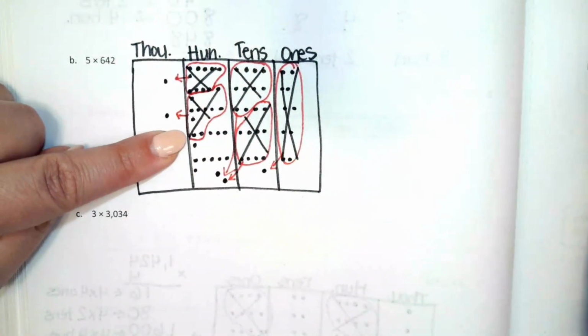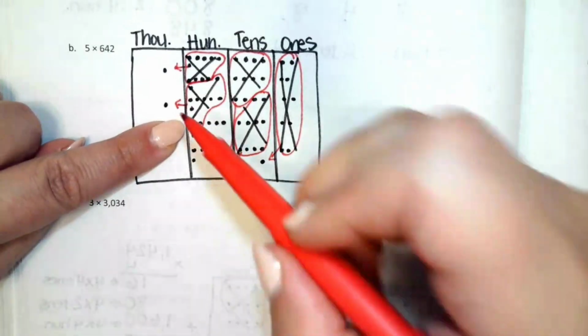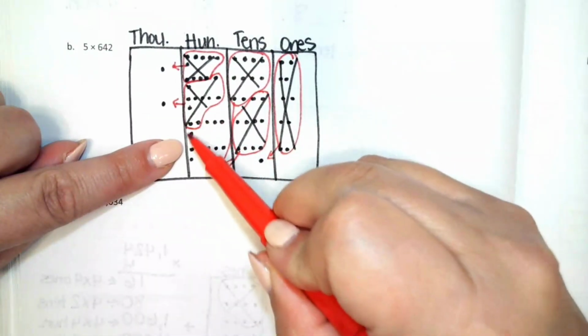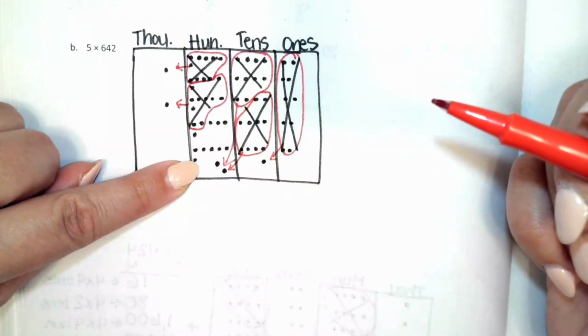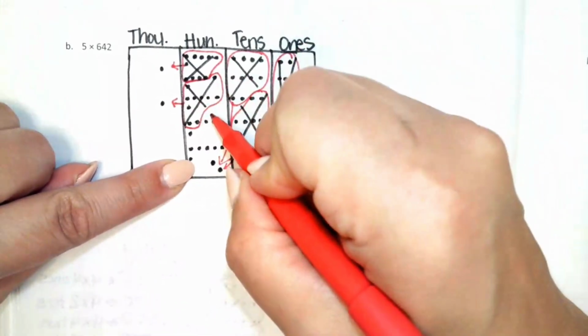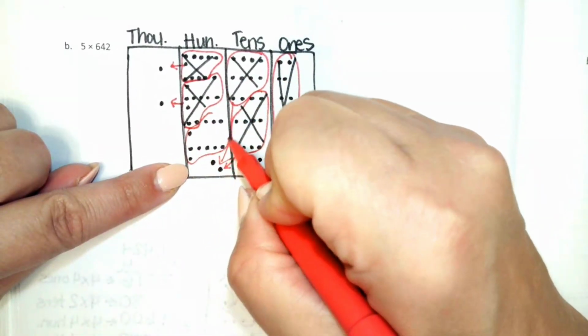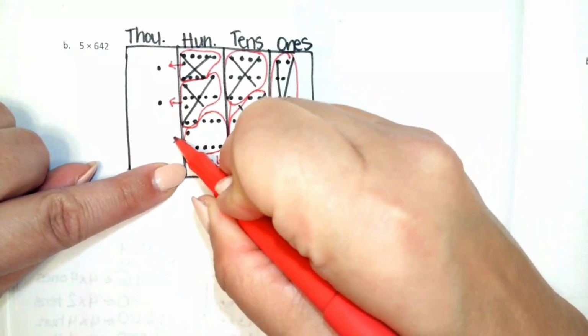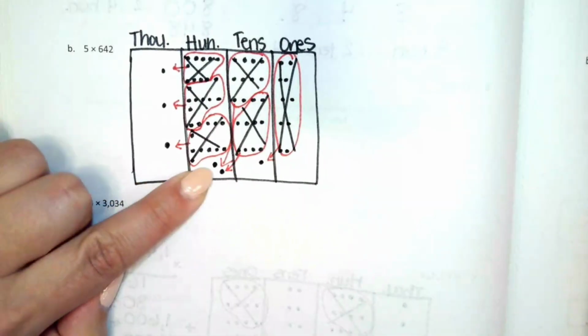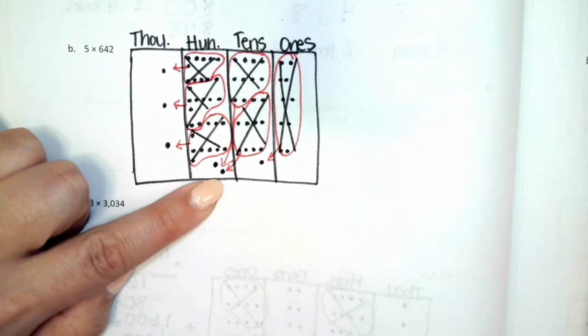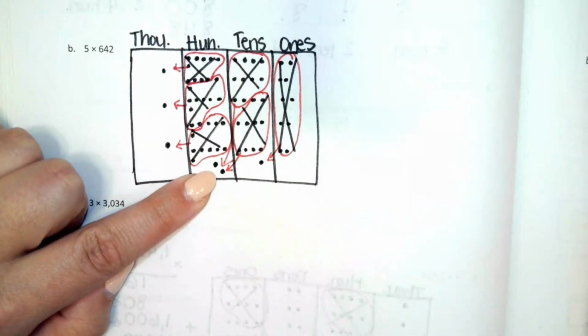Let me see if I have enough to do another bundle. 1, 2, 3, 4, 5, 6, 7, 8, 9, 10. Oh, yes. Bundle and compose to another 1,000. Now there are just 2 more hundreds that are not bundled and composed.